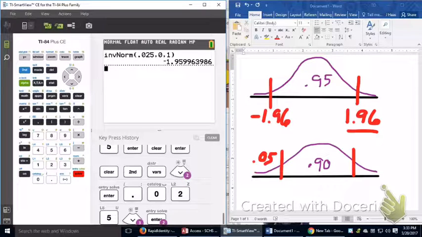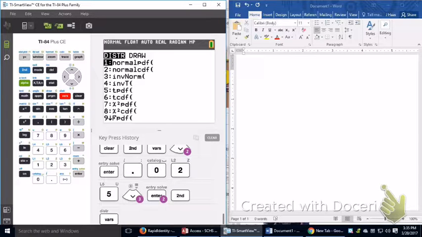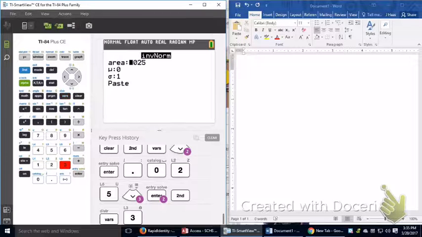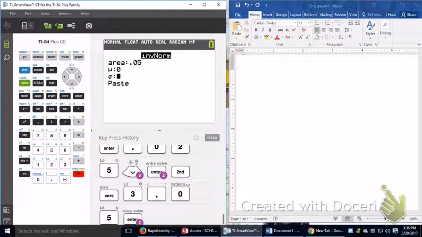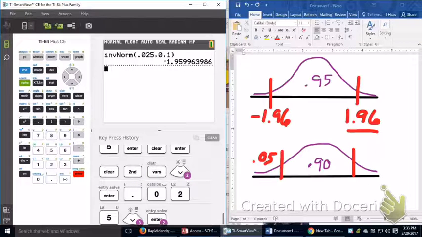I'm going to reach for the calculator, do second distribution, inverse normal, and this time of 0.05, because that's my area below the lower z-score, and that's negative 1.64. Usually you'll see that rounded to 3 decimal places since it's right in the middle, so that's negative 1.645.